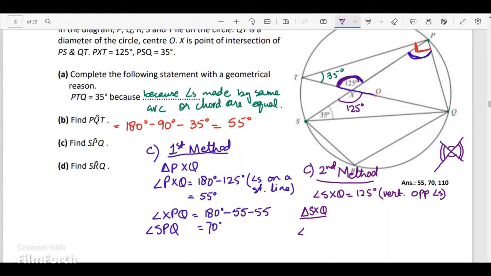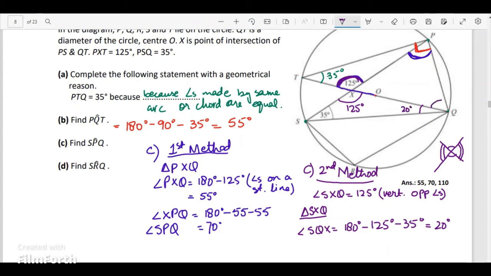So angle SQX would be equal to 180 degrees, take away 125 degrees, take away 35 degrees. You get 20 degrees. So this right here is 20 degrees.